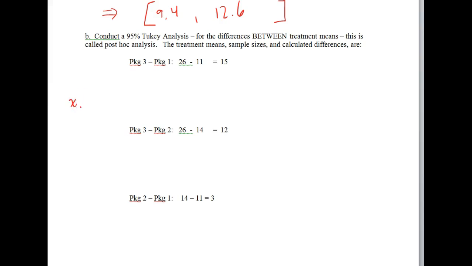Our formula for all of these is going to be x sub i bar minus x sub h bar, plus or minus our Q, which is from our studentized range table. I forget what it's called. What do we call it? Studentized.